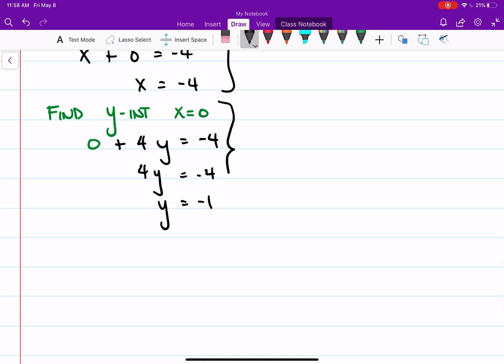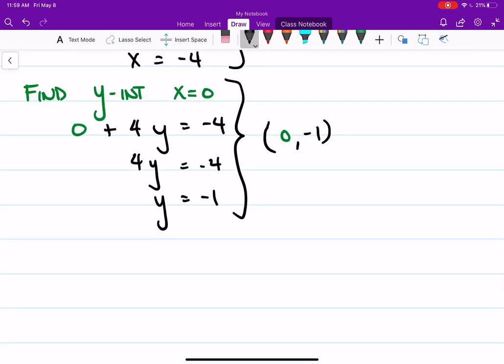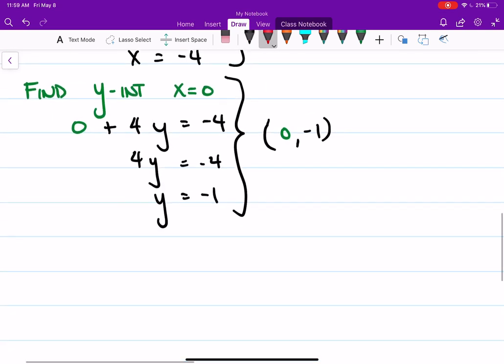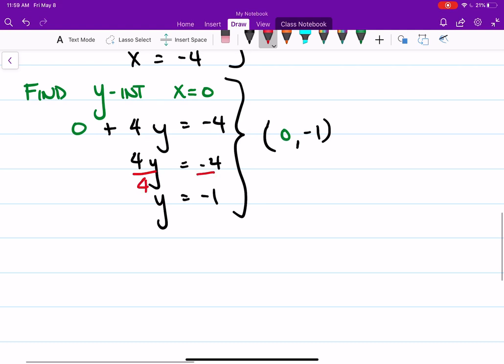Same thing, this gives me a point of 0, comma, negative 1. The way I got the negative 1 here is I divided both sides by 4. Negative 4 divided by positive 4 is negative 1, in case we were wondering.